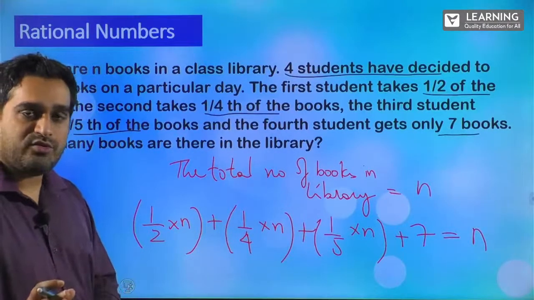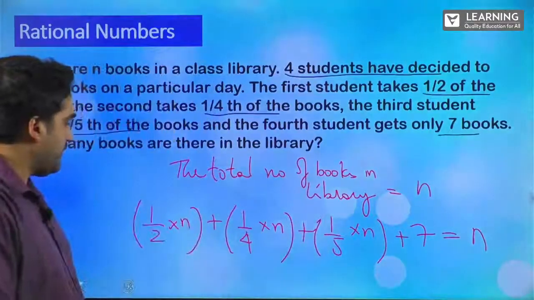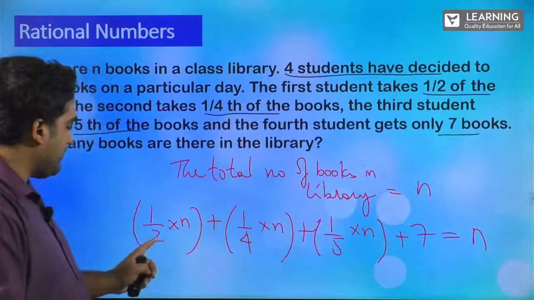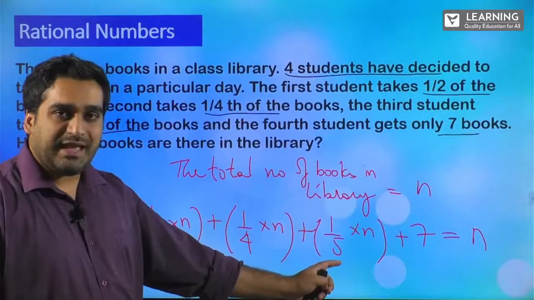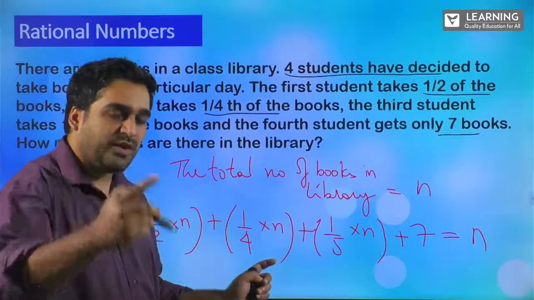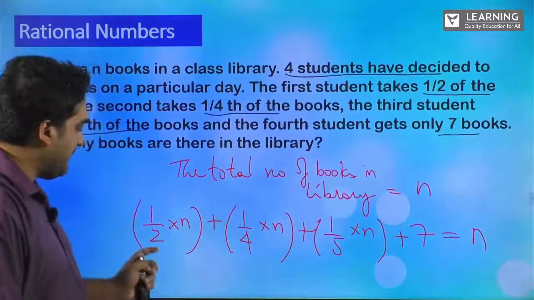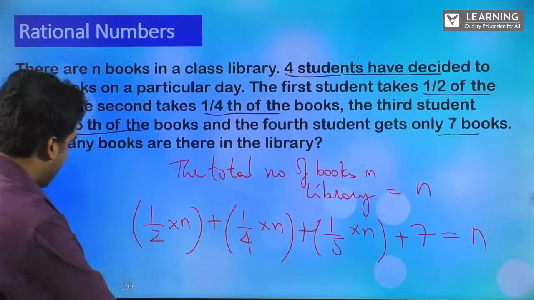So now what we have to do? We have to find the value of n. So here you have 1 by 2, 1 by 4, 1 by 5. Notice in the denominator, there's 2, there's 4, there's 5. So what would be the LCM of all the three? LCM of 2, 4, 5. Quickly go ahead, find out the LCM of 2, 4, 5: 20. So since the LCM is 20, we multiply this denominator.